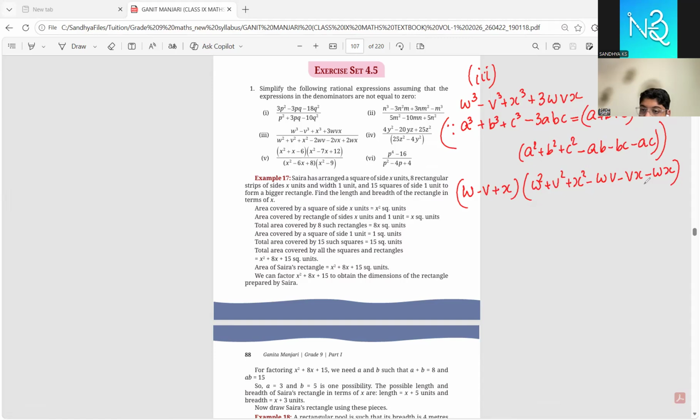Right? And the denominator is w squared plus v squared plus x squared minus 2wv minus 2vx plus 2wx.